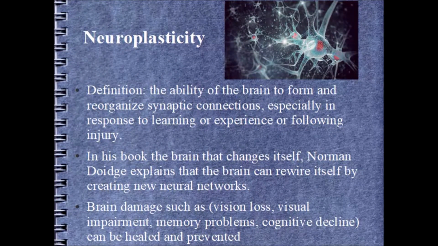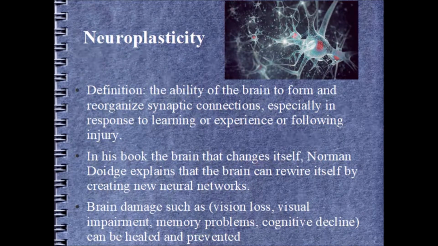In his book, The Brain That Changes Itself, Norman Doidge explains that the brain can rewire itself by creating new neural networks. Brain damage, such as vision loss, visual impairment, memory problems, and cognitive decline, can all be healed and prevented.